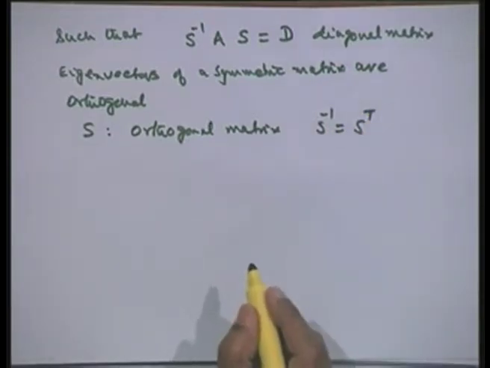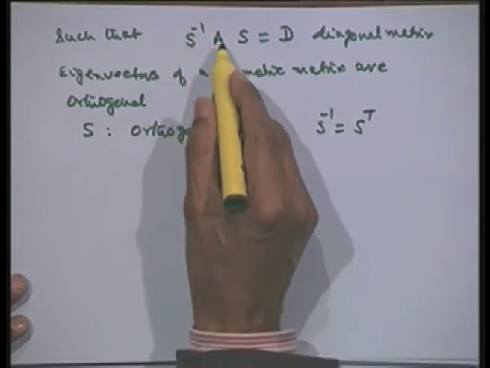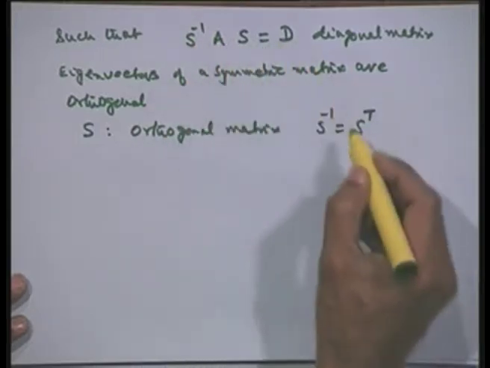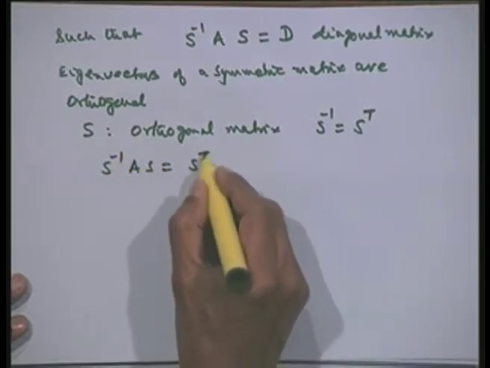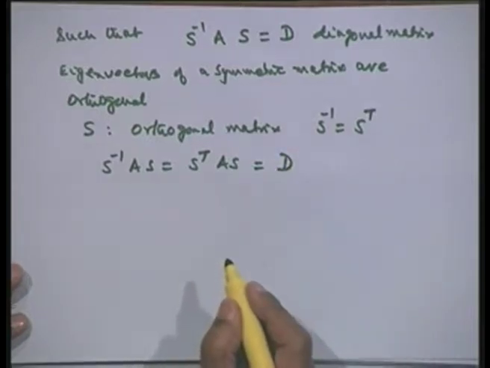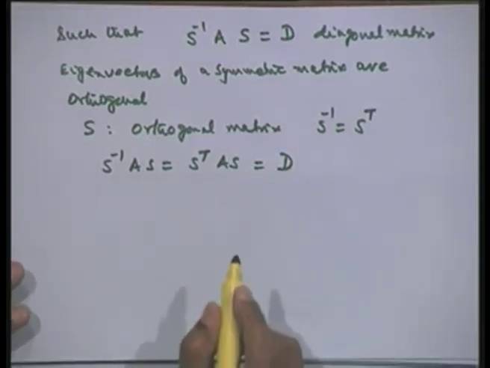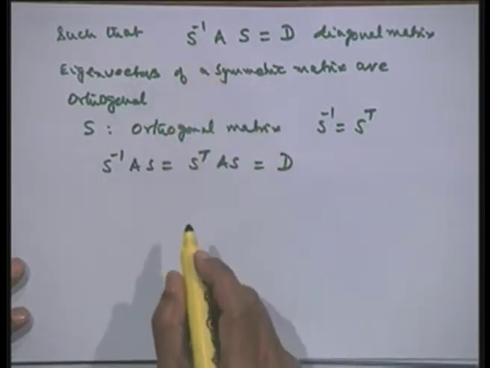So, the similarity transformation that brings A to D will be S inverse A S, which is the same as S transpose A S, and that will be equal to D. This is the fundamental property of the eigenvalues of a symmetric matrix.